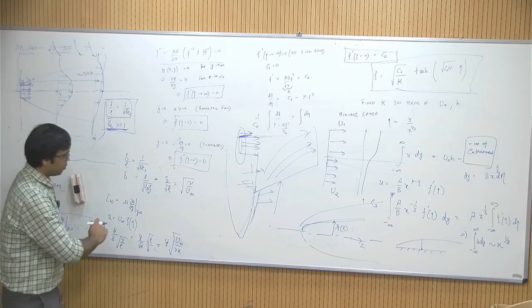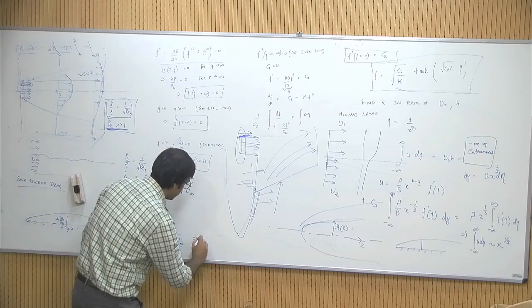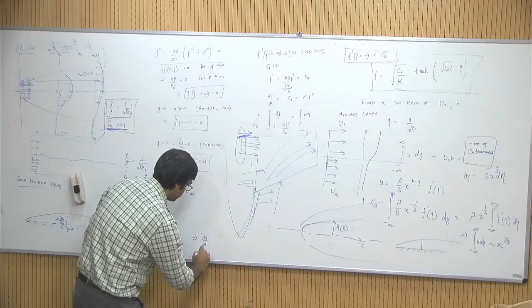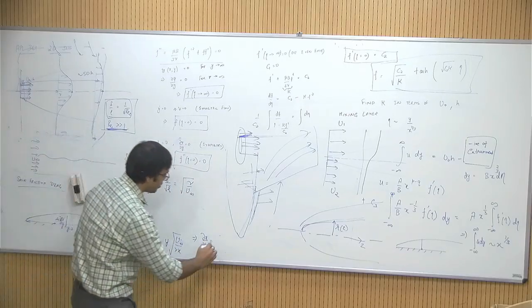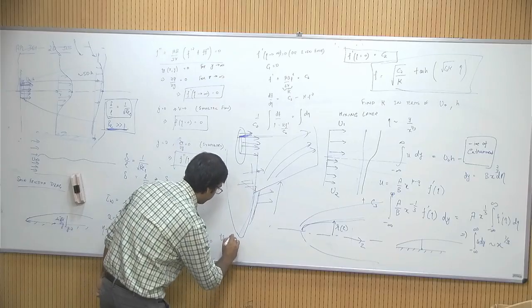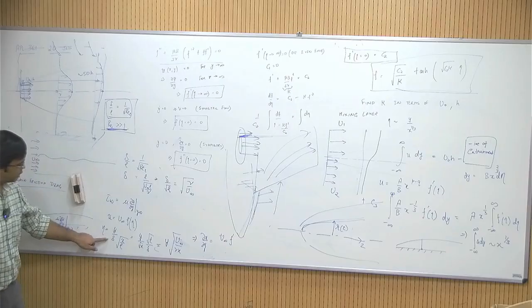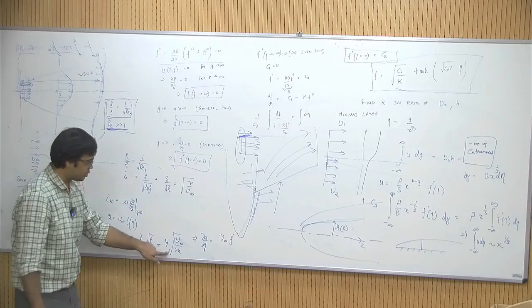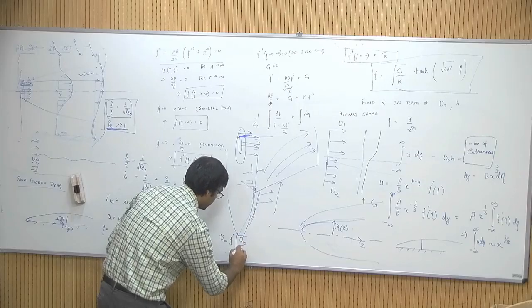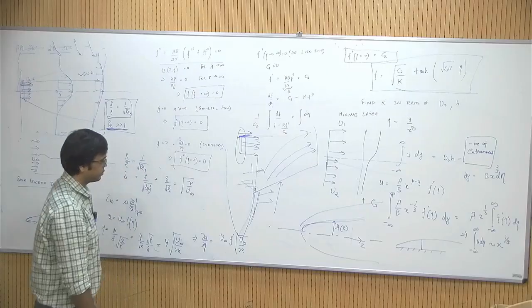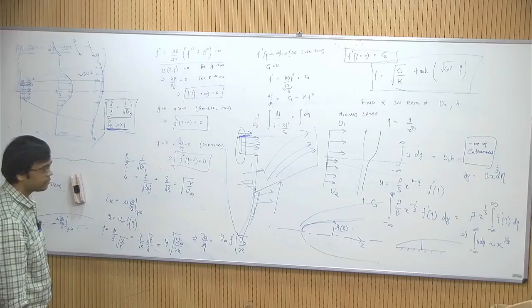So what is del u by del y? Del u by del y is u infinity f prime times square root of u infinity by nu x.